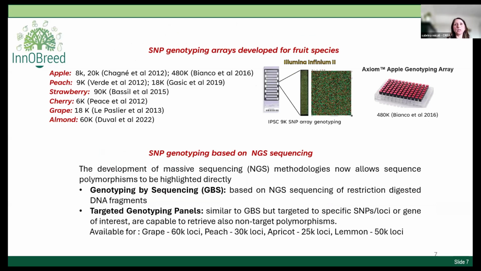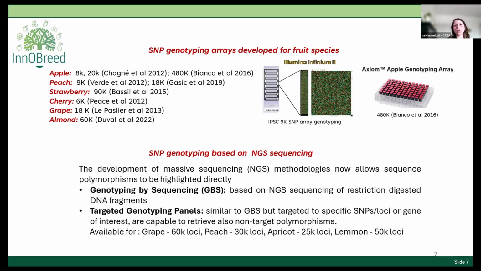But we can also directly detect single nucleotide variations through techniques based on next generation sequencing. One of these is genotyping by sequencing, which is based on the sequencing of restriction digested DNA fragments.